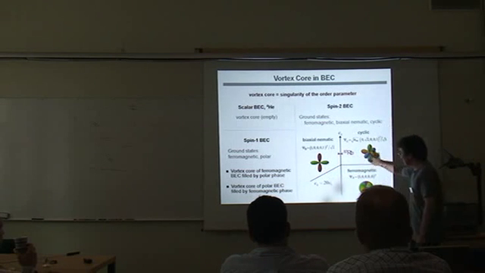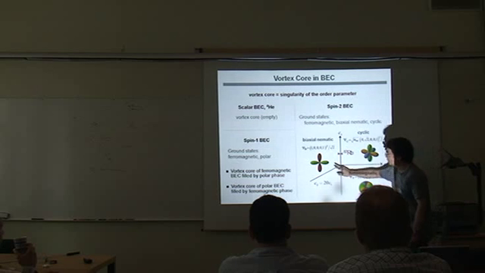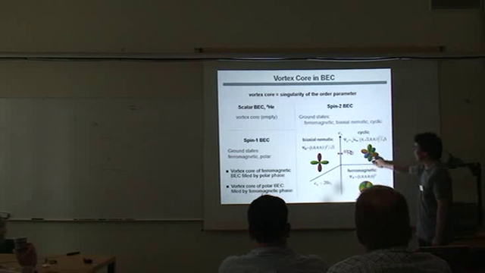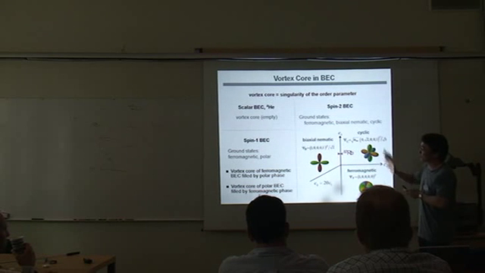Those 3 phases all have different discrete symmetries. Therefore, it's not trivial, for example, how this vortex core can be embedded in this, or vice versa, because of different discrete symmetries. That's why we call this problem the vortex tiling problem.